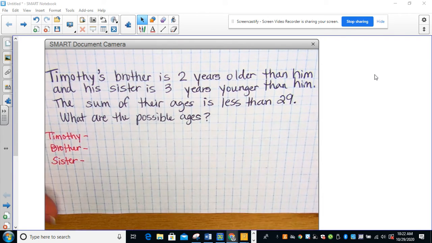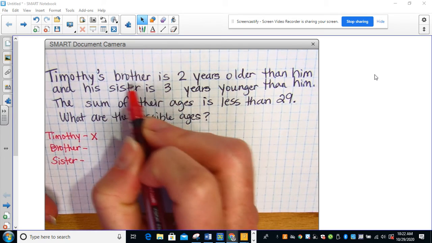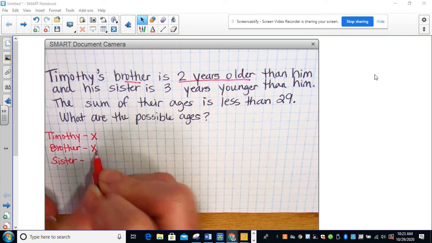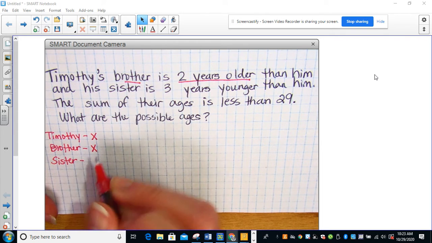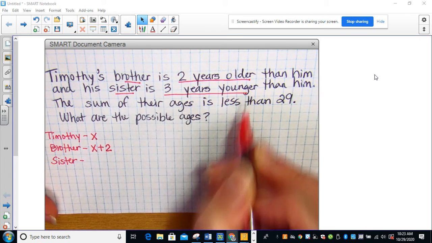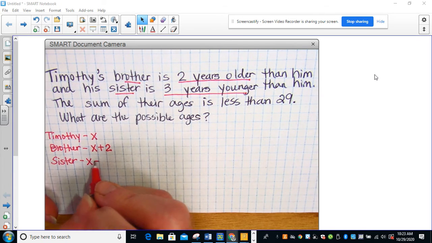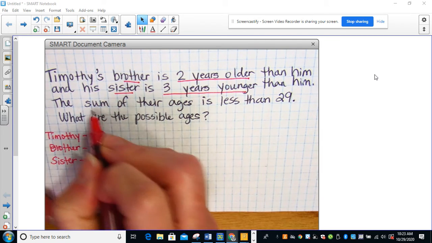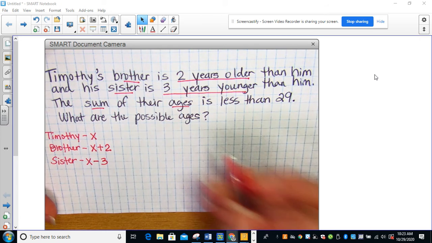So Timothy, we have no idea how old he is. So that's going to be our x. We do know that the brother is 2 years older than him. So the brother would be Timothy's age, whatever that is, x, and then add a 2. The sister is 3 years younger. So we're going to take Timothy's age and subtract 3 for the sister. So the sum of their ages means we're going to add them all together.